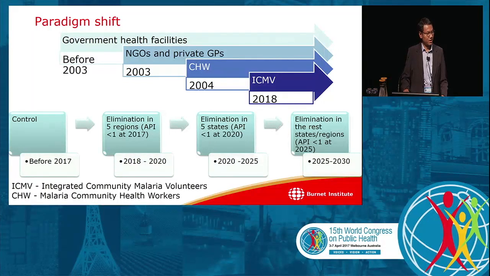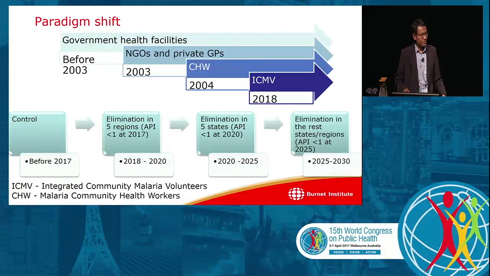But starting from 2003, lots of NGOs came to Myanmar to contribute to the malaria control model, and lots of NGOs and private GPs have been trained and are providing malaria services. Starting from 2004, we started using the CHW community health worker model in Myanmar, and if you see the graph, the malaria decline has been very significant starting from the last decade in Myanmar.